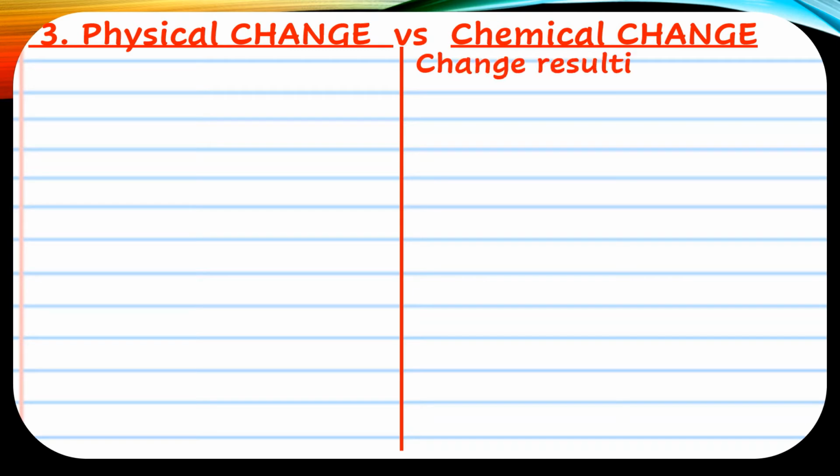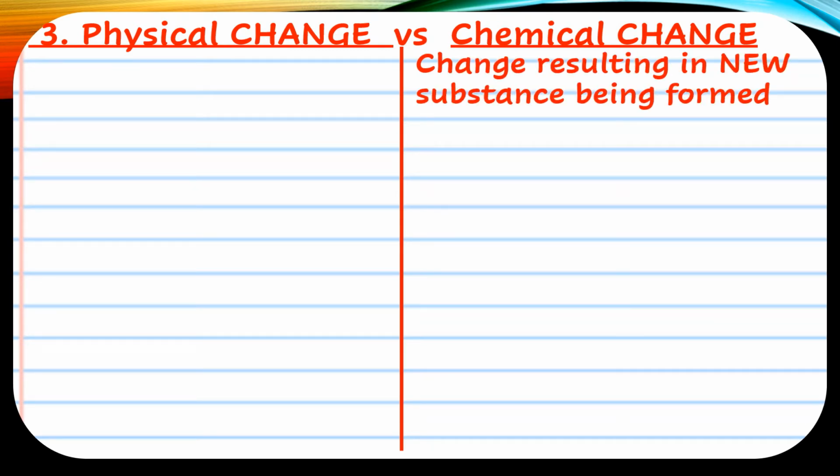So a chemical change results in a new substance being formed. And if you think back to a previous lesson, we said that pure substances have to be elements or compounds. So this means either a compound has bonds broken and atoms rearranged to form individual elements or smaller compounds, or individual elements rearrange and form new bonds to make new compounds.